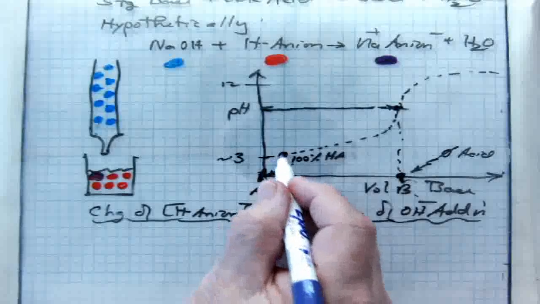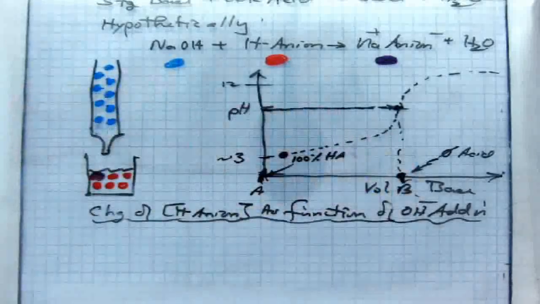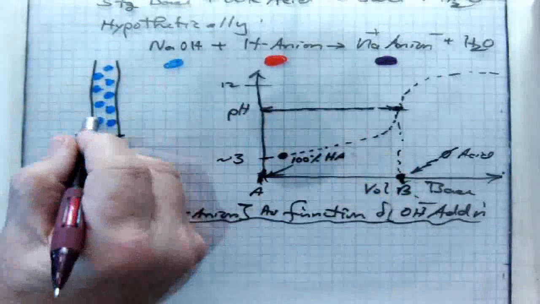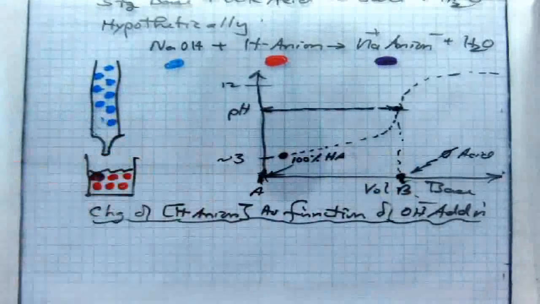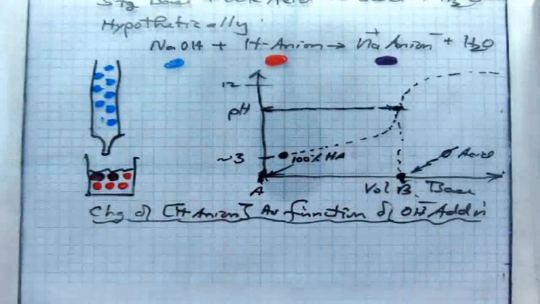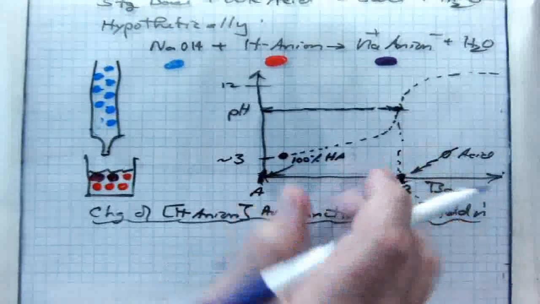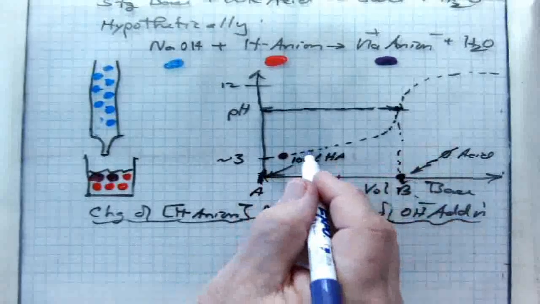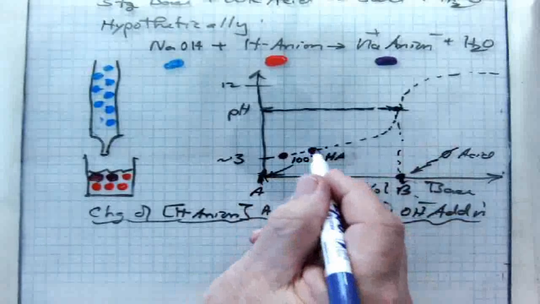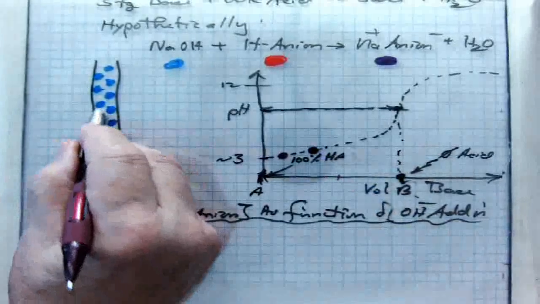What is the relationship at point C between the concentration of the acid and the anion concentration only?